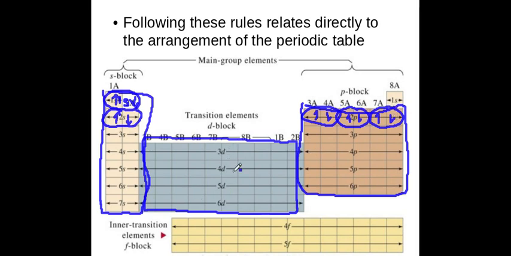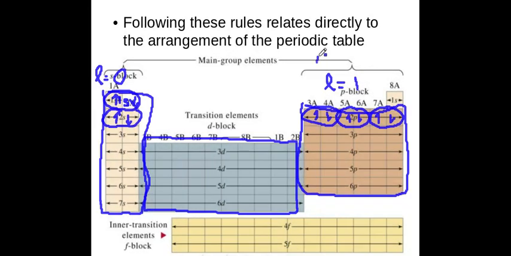A D, and remember this is representing our L value. Our shape here is 0, and we have a shape of 1, and we have a shape of 2. So let's do our L values. For the S, we're talking about an L value of 0. For the P, we're talking about an L value of 1.